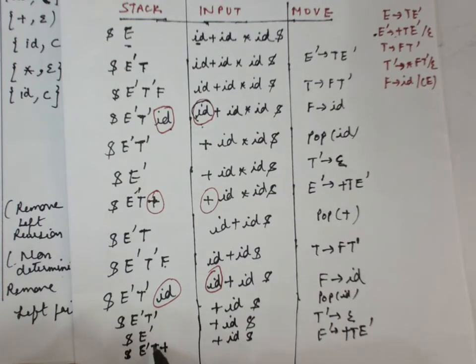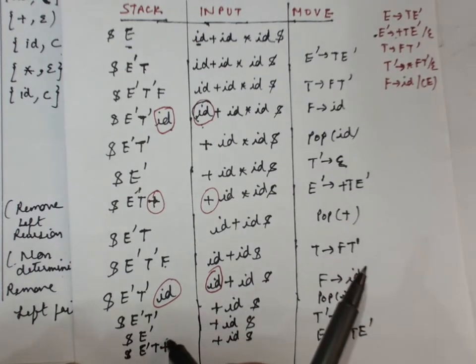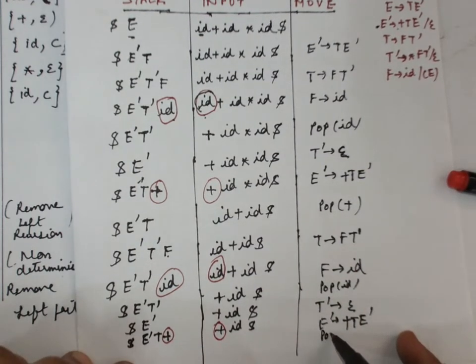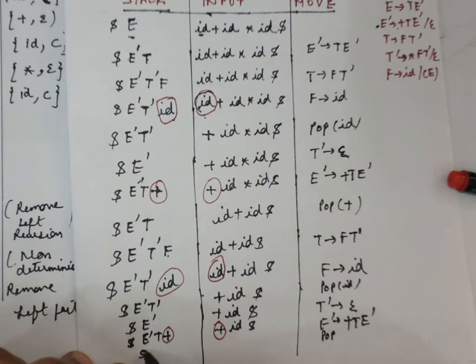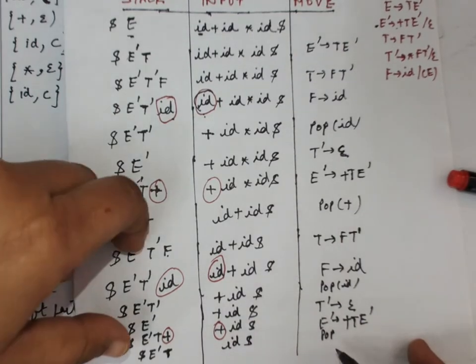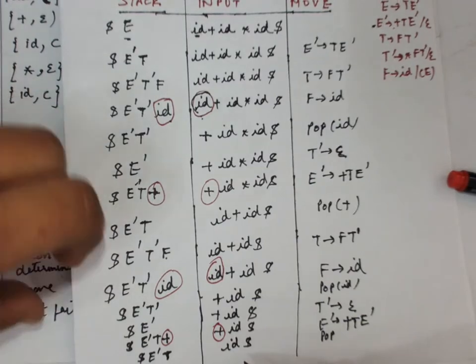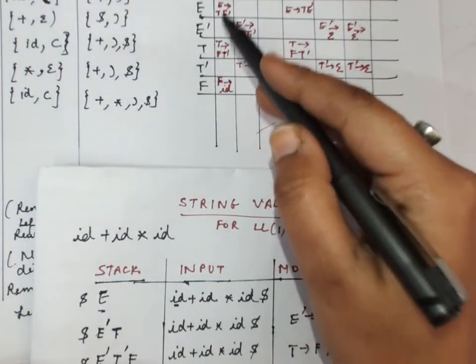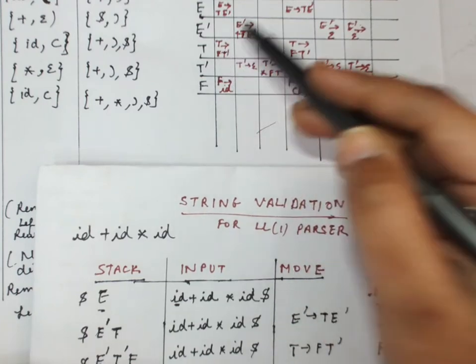Again you can see the same plus over here, plus over here, this would be popped. So you have dollar E dash T, and then you have id and you have dollar. Then T and id. You can see T and id gives F T dash.